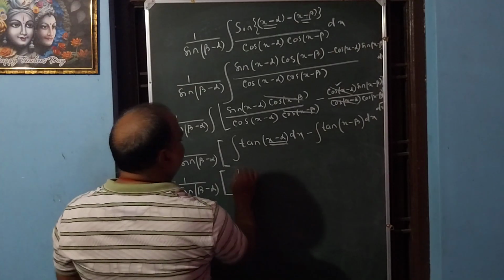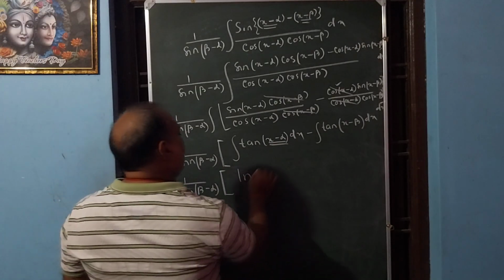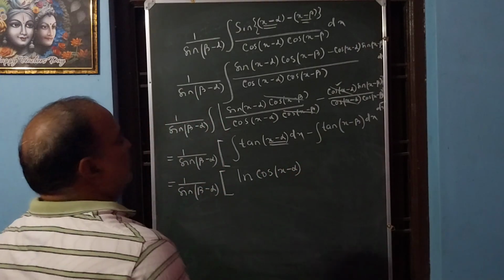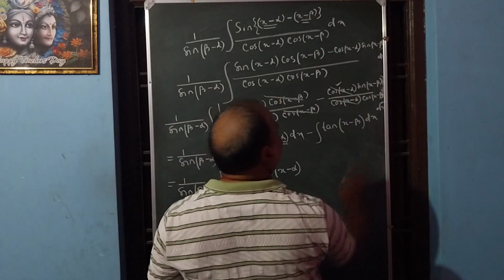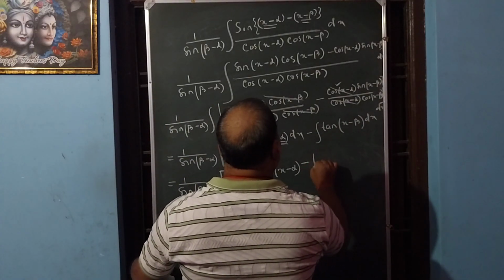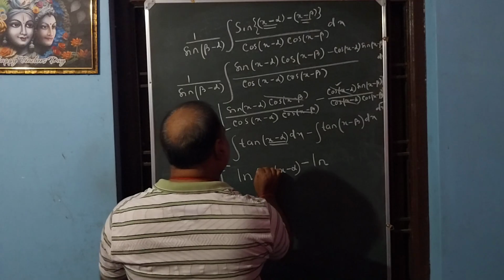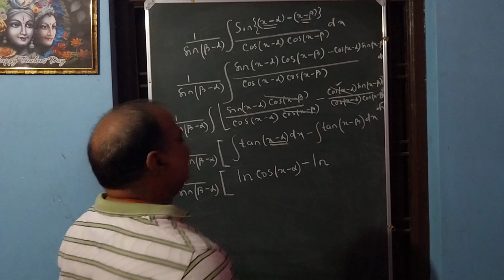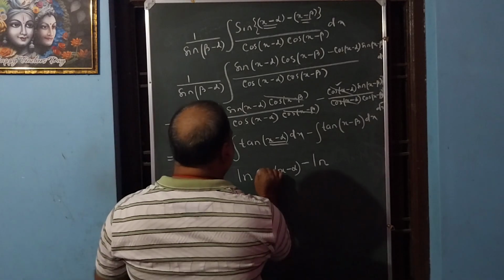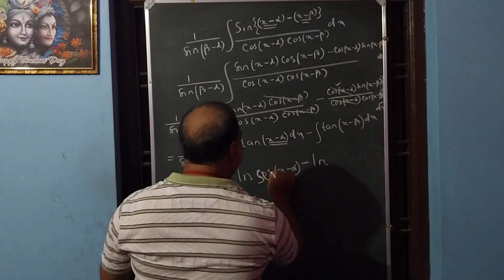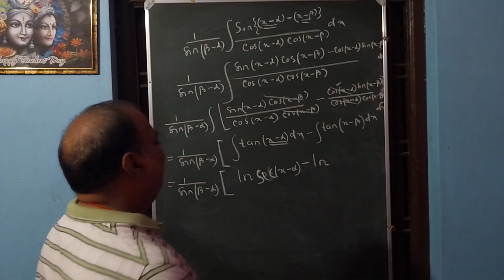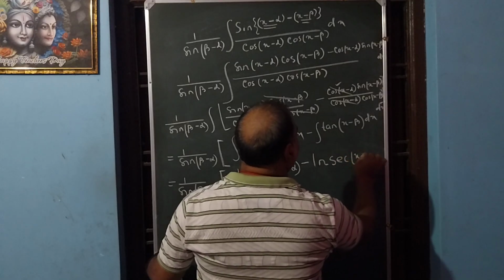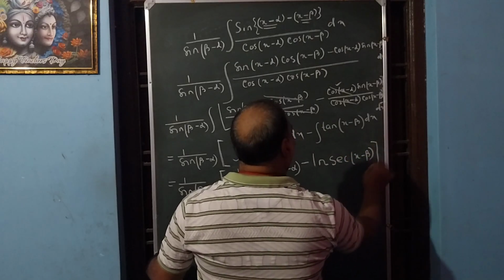So we get ln cos(x minus alpha), then the integration of tan(x minus beta) minus ln sec, since the integration of tan x is ln sec x. It is ln sec(x minus alpha), and also ln sec(x minus beta) plus c.